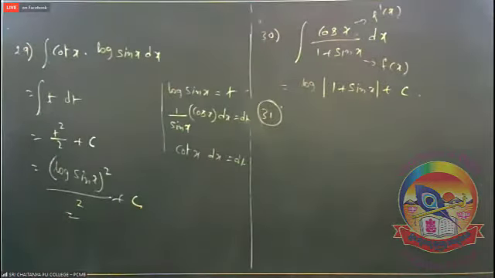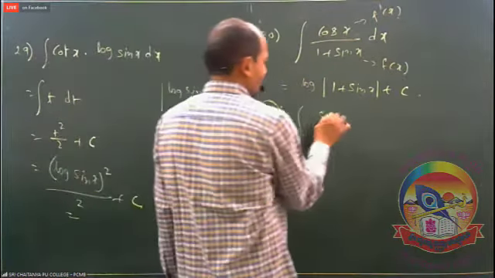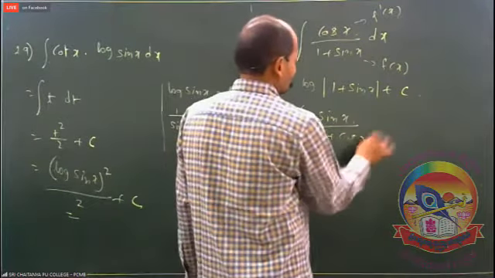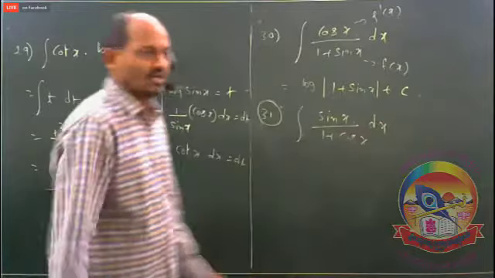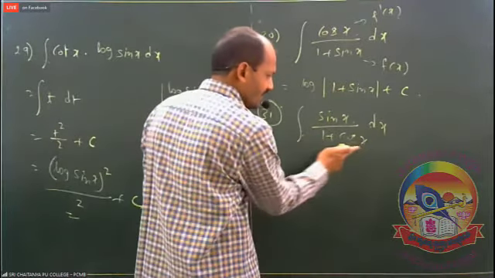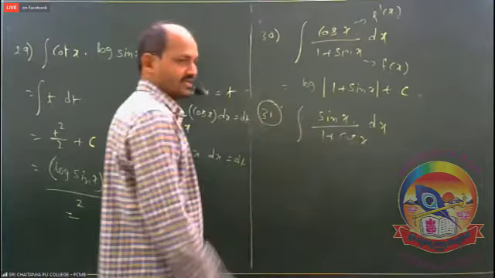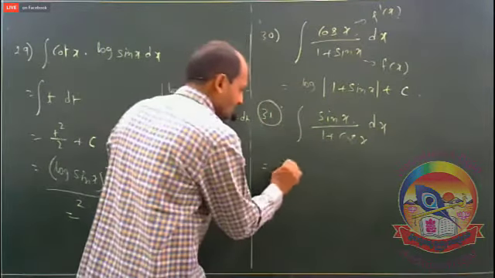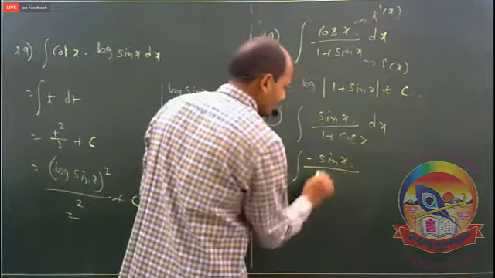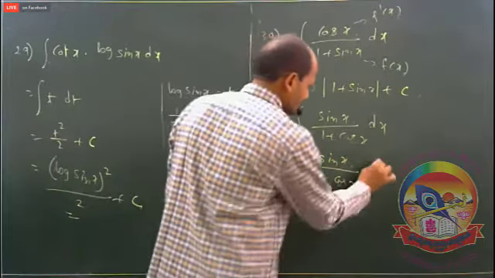Next one. It is the integral of sin x divided by 1 plus cos x dx. Derivative of 1 is 0, but the derivative of cos is minus sin. So clearly it is minus of minus sin x divided by 1 plus cos x.